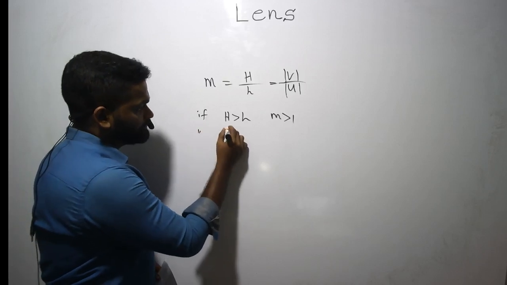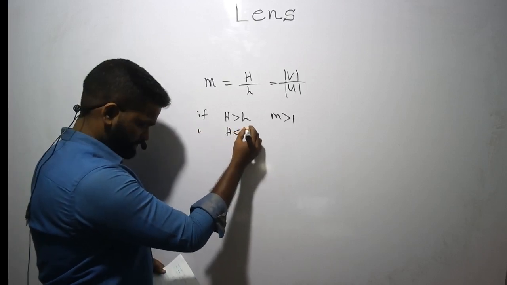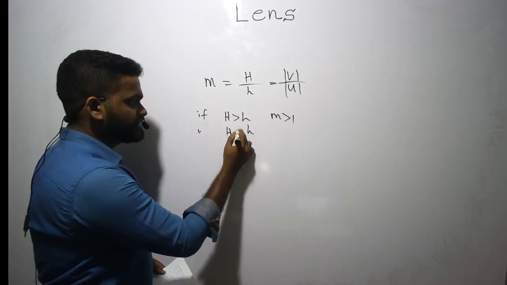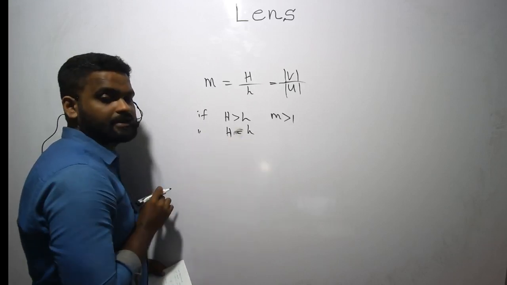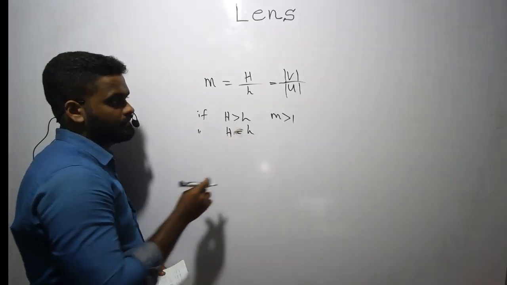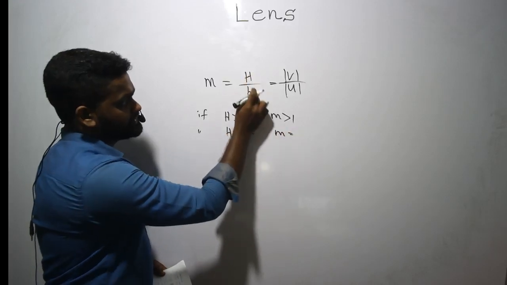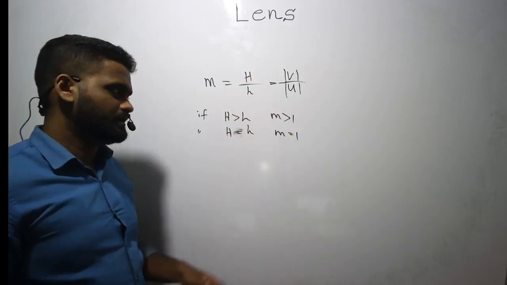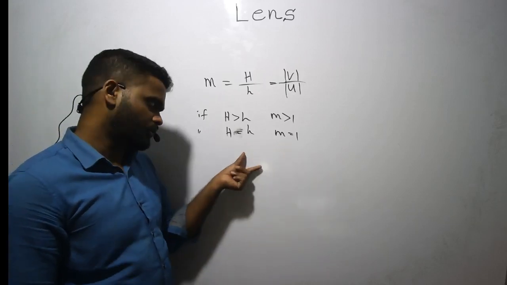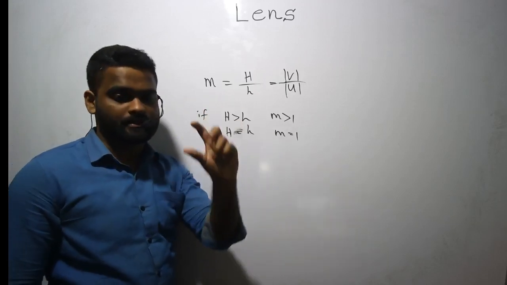Then if image height and object height are equal, then what happens? These are equal, right? Then linear magnification is 1. There's no magnification. Object and the image, they are the same height.